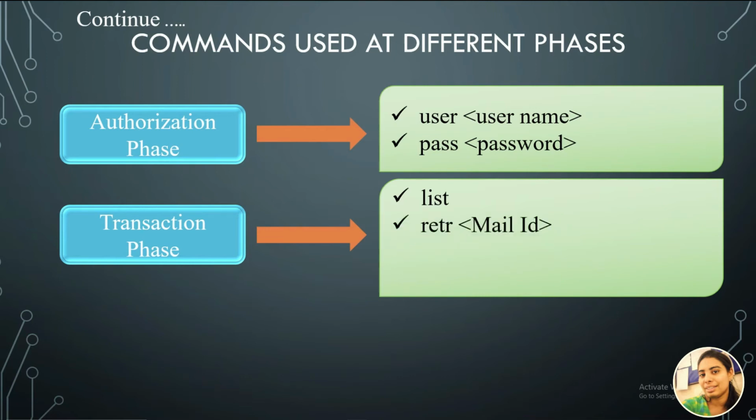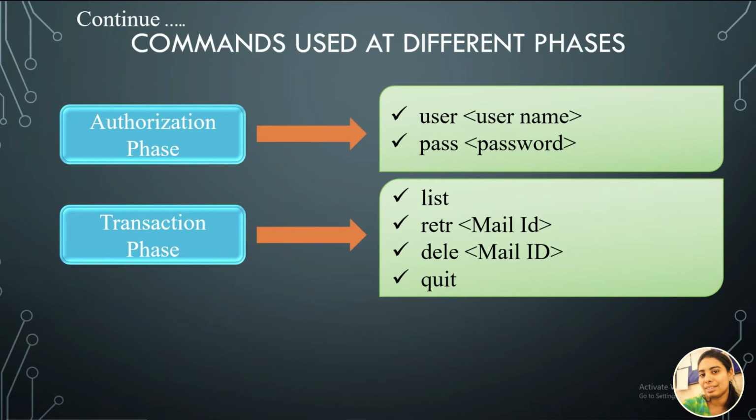This command is used to retrieve, or you can say download, the mail. To retrieve a particular mail, the user needs to provide the mail ID of the mail with the RETR command. Similarly, to delete any mail, the user can use the DELE delete command. Lastly, to end the session or to exit from the transaction phase, the user can use the QUIT command.